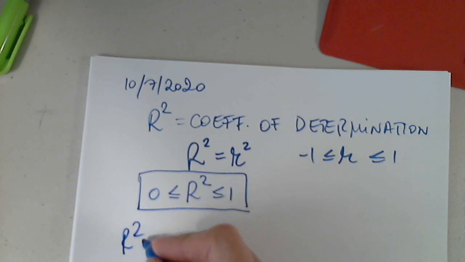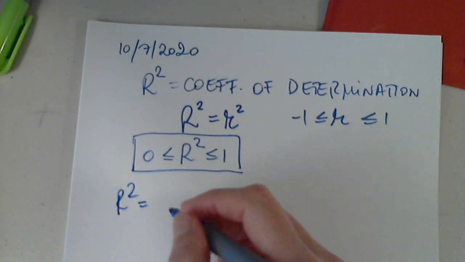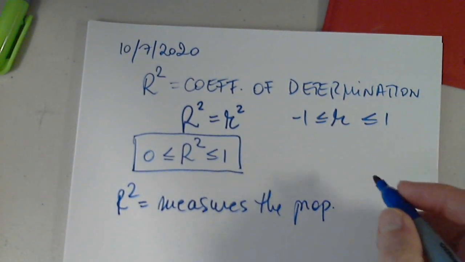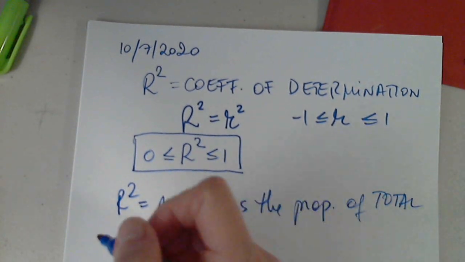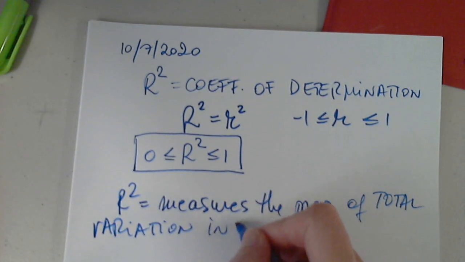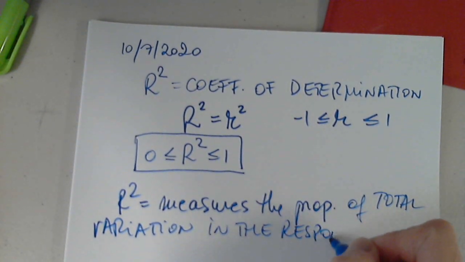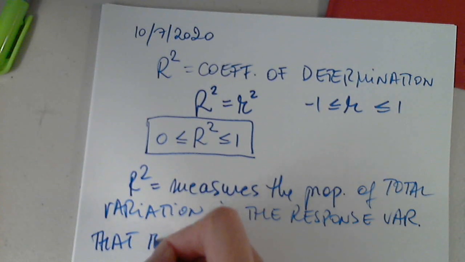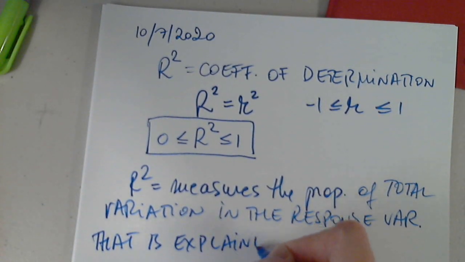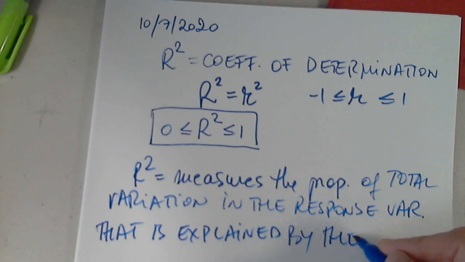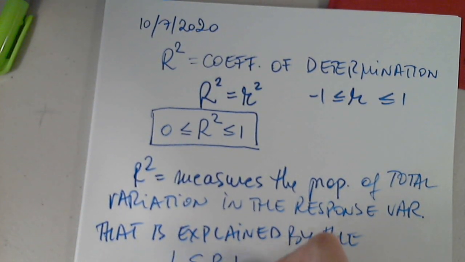So r squared, for those of you who don't have this document, measures the proportion of total deviation or variation in the response variable that is explained by the least squares regression line, or the line of best fit, as we call it.